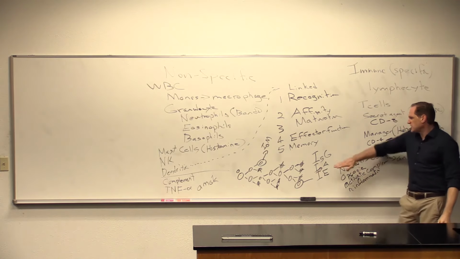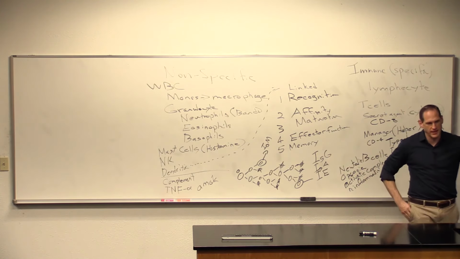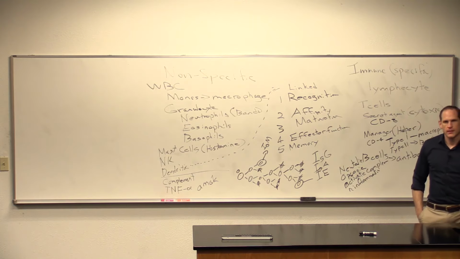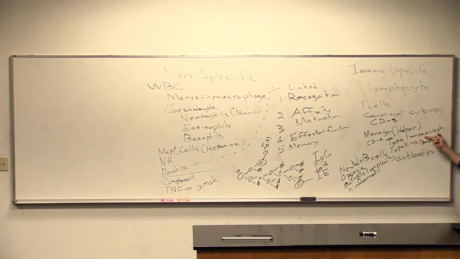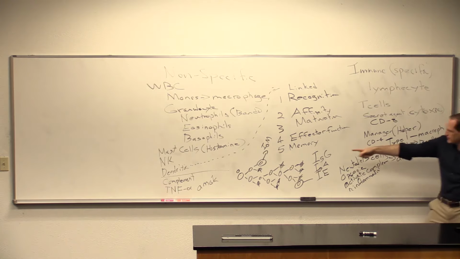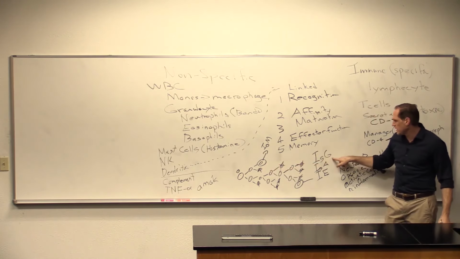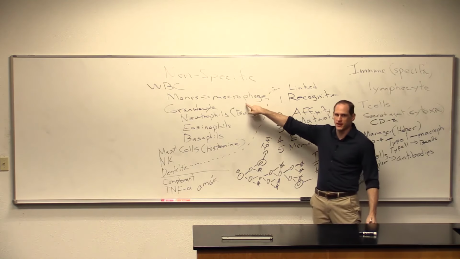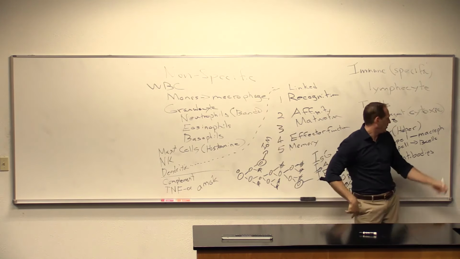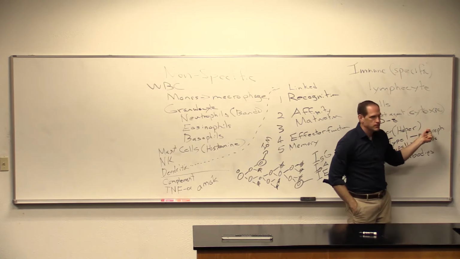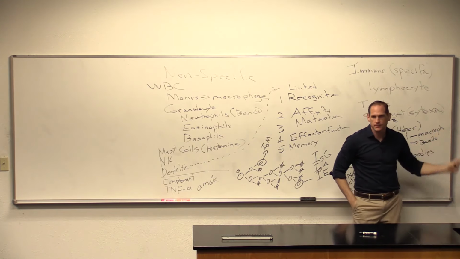All right, now IgG is incredibly good at neutralizing and opsonizing. Type 1 helper T cells are very good at producing high affinity IgG because it helps macrophages. So, type 1 promotes IgG.